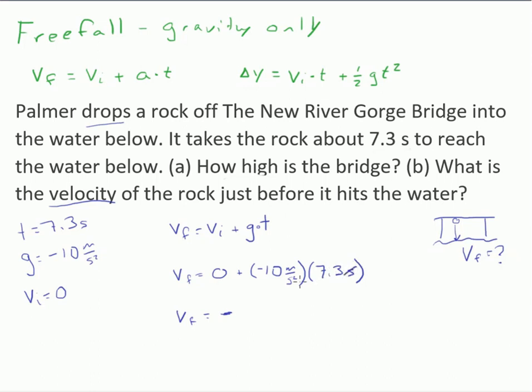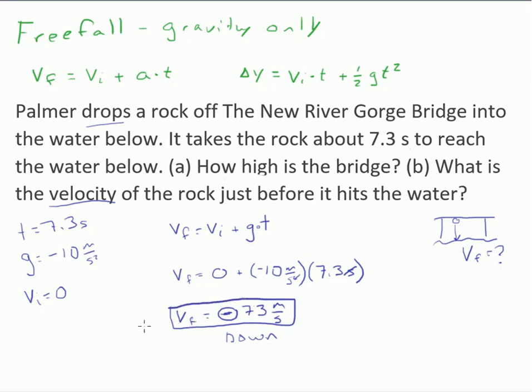One of the seconds will cancel out, and so we get negative 73 meters per second. Again, the negative now is telling us that it is going down, so it's telling me which way, and a speed of 73. So that means we have a final velocity of negative 73 meters per second.